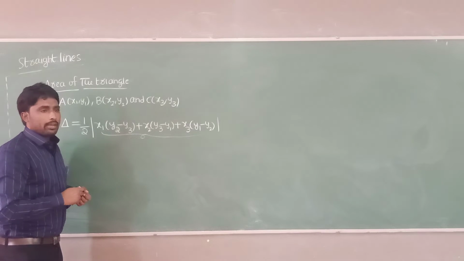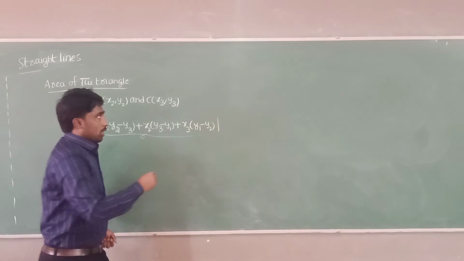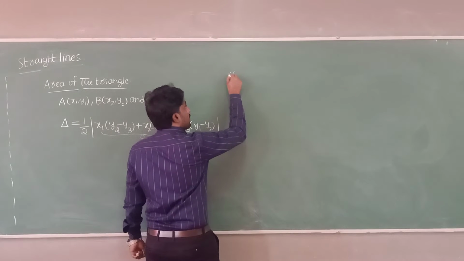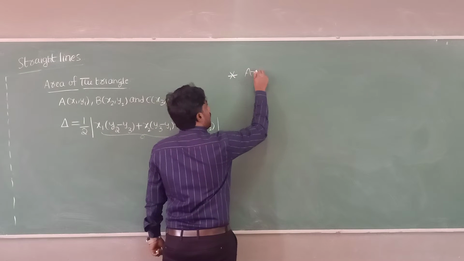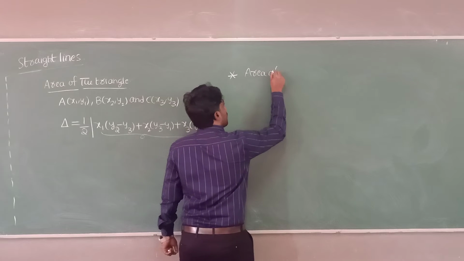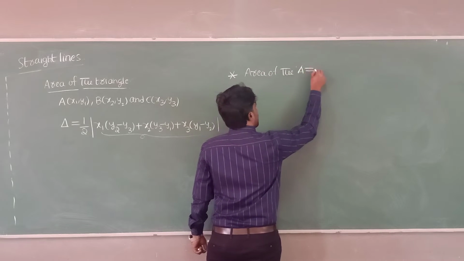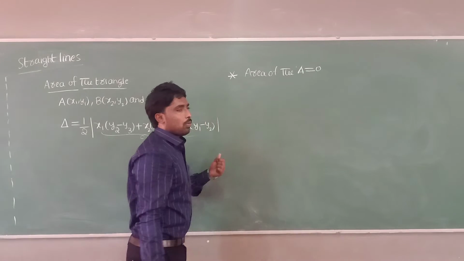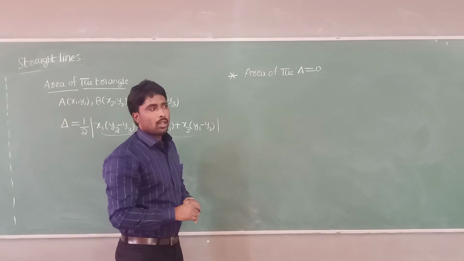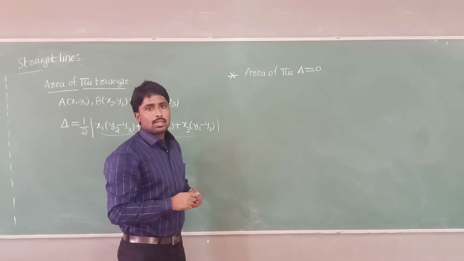Now, is it clear? Here I will tell you one important point. If the area of the triangle becomes equal to 0, then these 3 points are collinear points. Collinear means those 3 points lie on the same line.